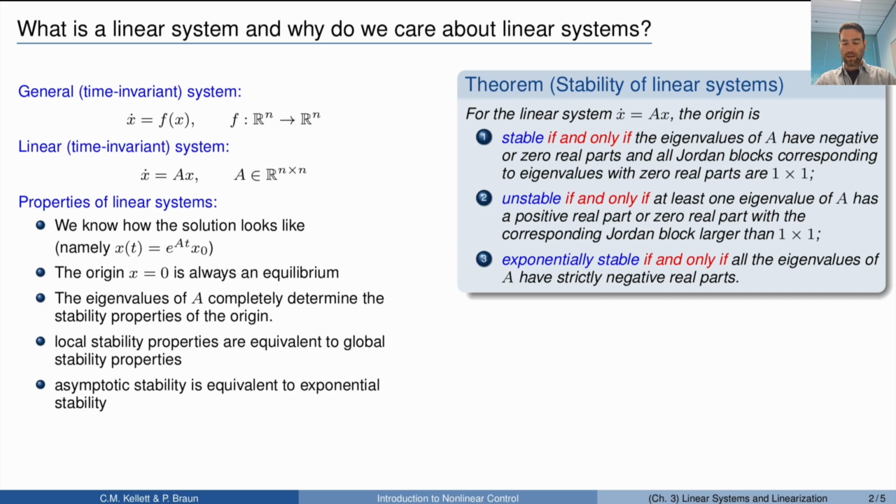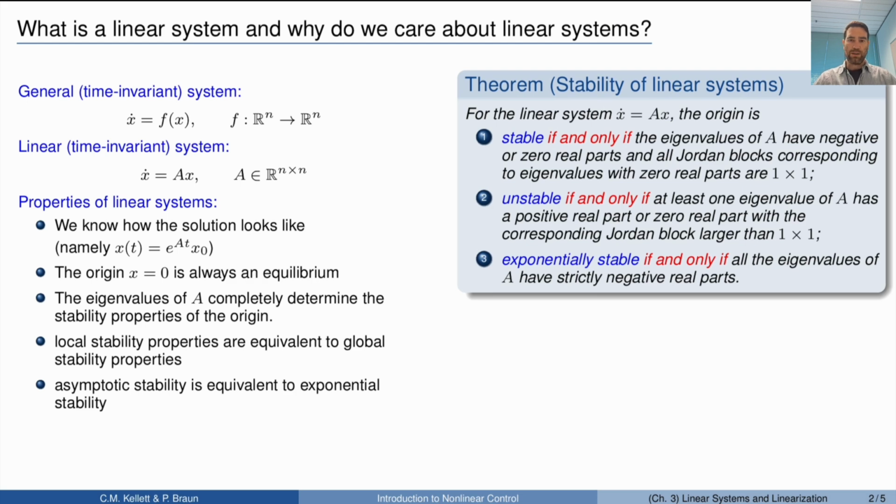Stability, instability, and exponential or asymptotic stability, as mentioned over here, is completely determined through the eigenvalues of A, because we can state the following theorem, which essentially says that if all eigenvalues of A have negative real parts, then the system is exponentially or asymptotically stable, or rather the origin is.